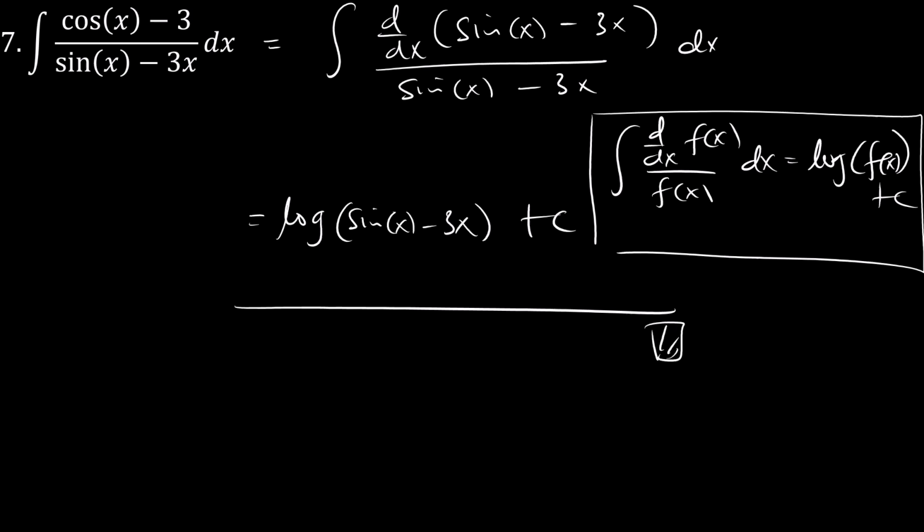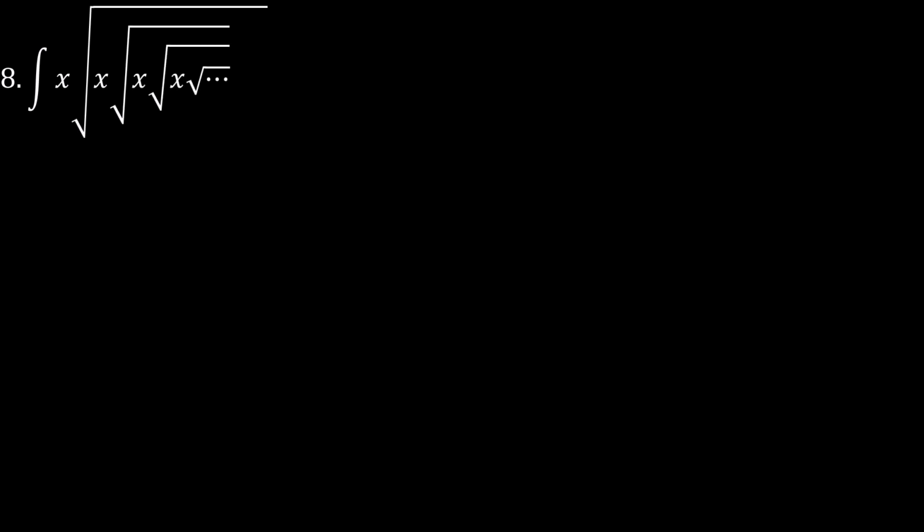And that is it. So let's move on to problem number 8, which is, I think, one of the interesting ones. Let's see how to solve it. So number 8 is the indefinite integral of x and the square root of x, nested in that square root, we have square root of x times square root of x, and so on and so on.